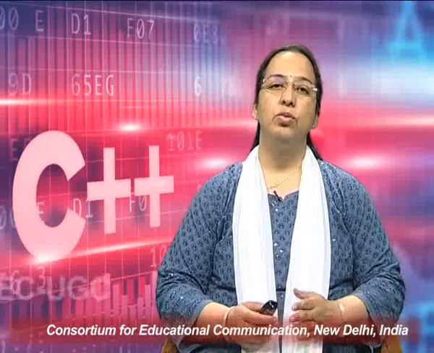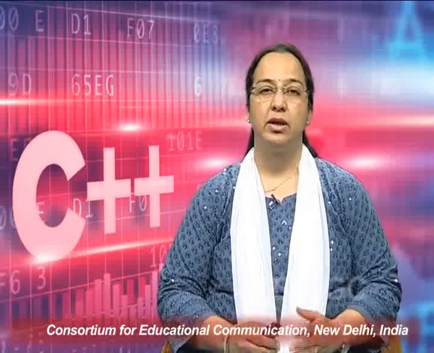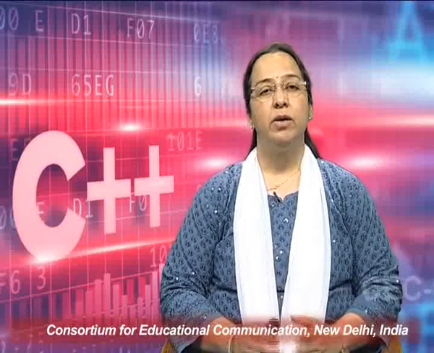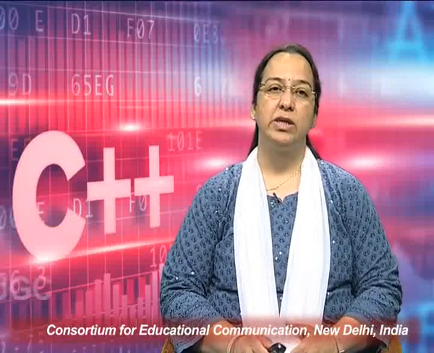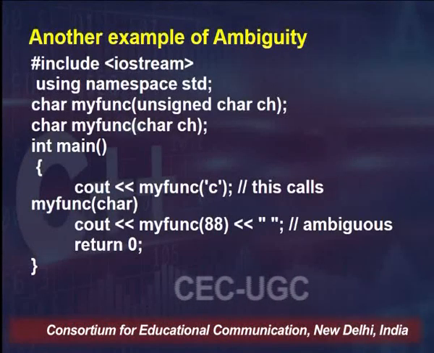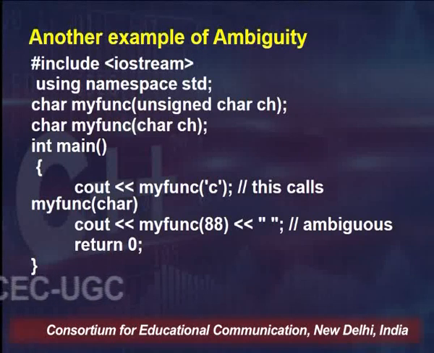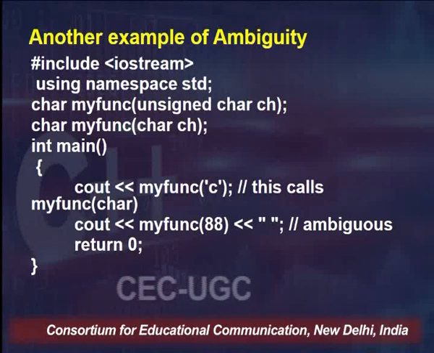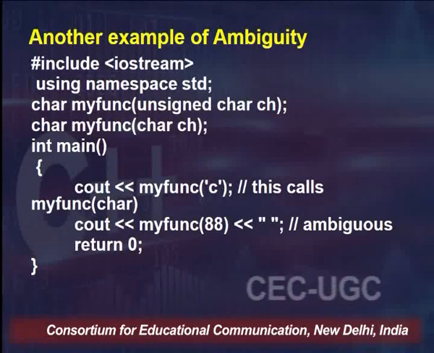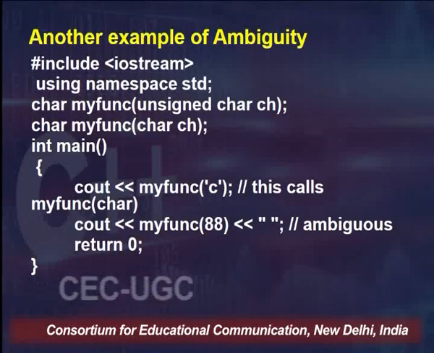So in order to understand that example, let us see how we can use it inside a program. In the program, as you can see on the screen, we have #include iostream and using namespace std, those two standard things. And now we have the prototypes of two functions, and these functions are overloaded with the same return type, that is char. So char myfunc(unsigned char ch).